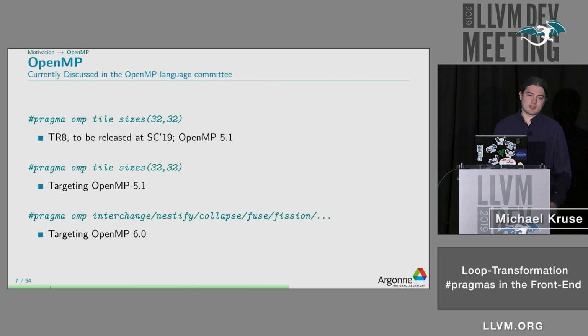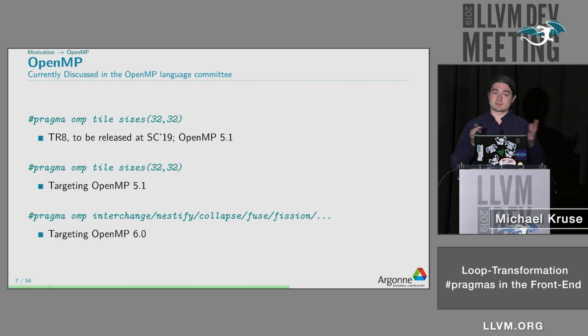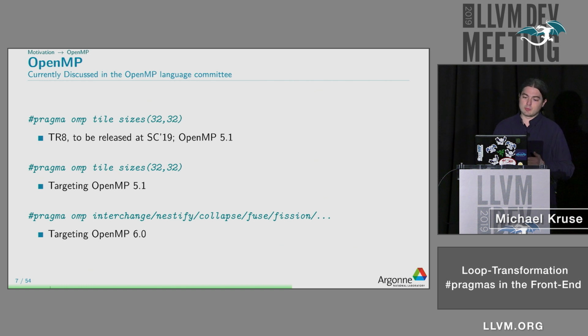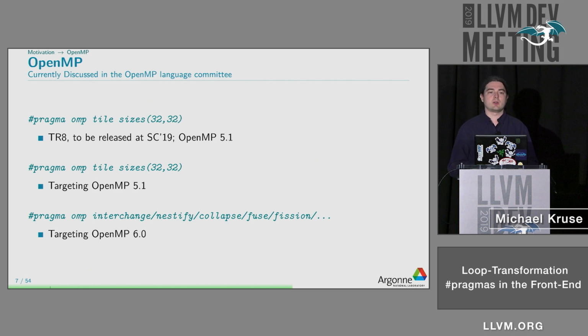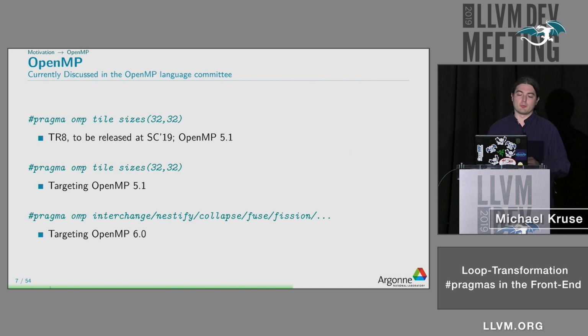One part of the fix is that, as I mentioned, there are lots of different compilers supporting different syntaxes, so the goal is to standardize these syntaxes. I'm in the OpenMP standard committee to try to standardize these as part of OpenMP.